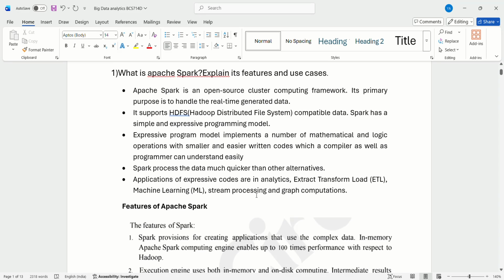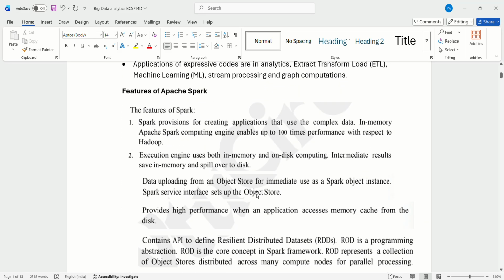Next, coming to the features of Apache Spark. Spark provisions for creating applications that use complex data. The in-memory Apache Spark computing engine enables up to 100 times performance compared to Hadoop. The execution engine uses both in-memory and on-disk computing.